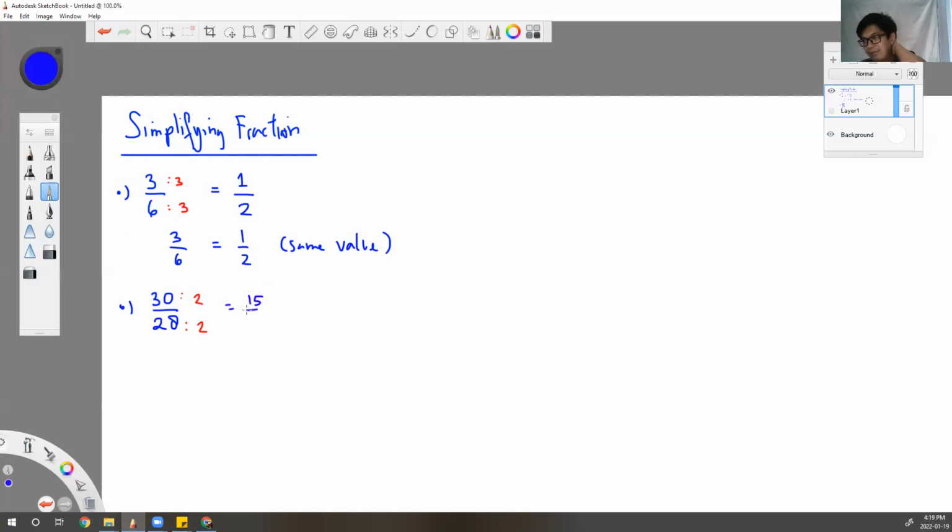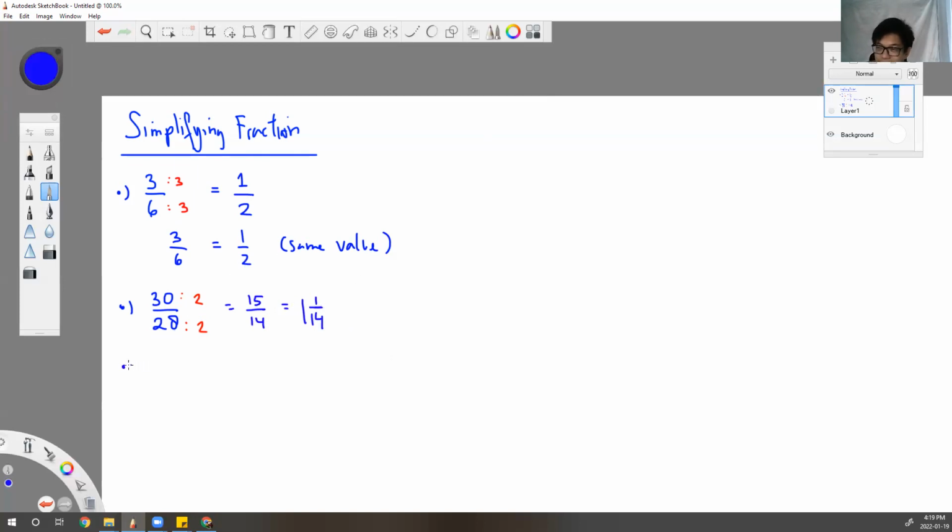And this answer is 15 over 14, right? So again, what you need first is the basics of division. So this will be 1 and 1 over 14. Okay, that's the answer. So 30 over 28 is equal to 15 over 14 and also equal to 1 and 1 over 14. They are also the same value.